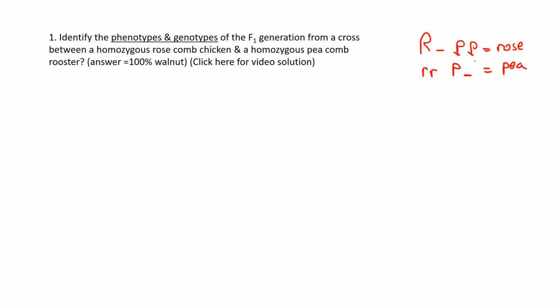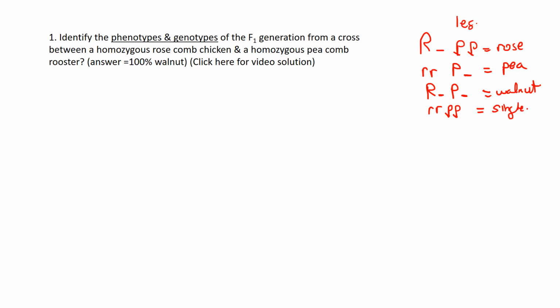And if the two interact together, a big R, doesn't matter what the other one is, and a big P, that's going to give me this complementary phenotype that neither parent is able to express on their own, and that would be a walnut. As long as I have a capital R and a capital P, it's always going to be walnut. And if I have all of them in a recessive condition, two little r's, two little p's, that's going to give me a single comb.